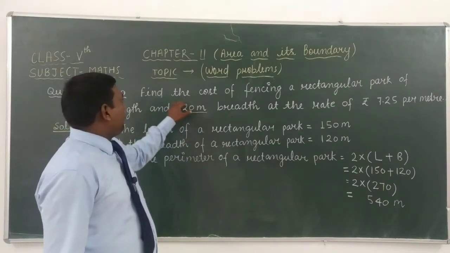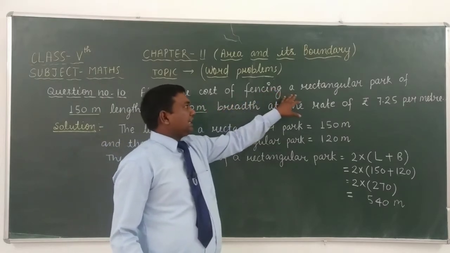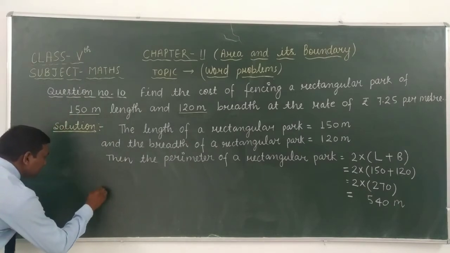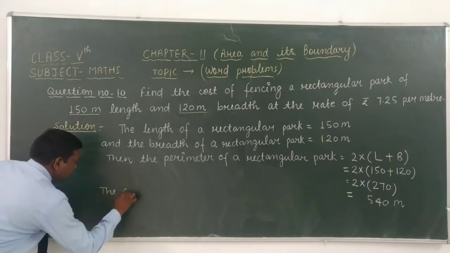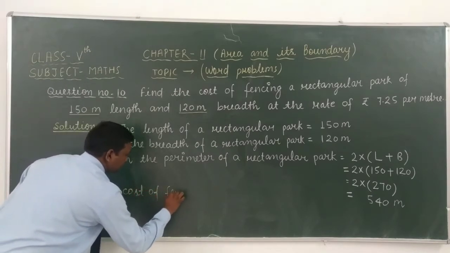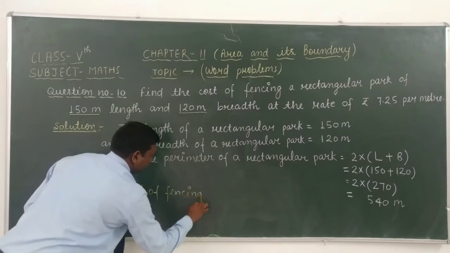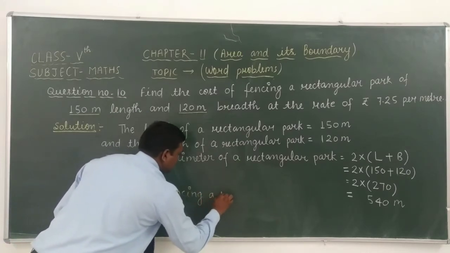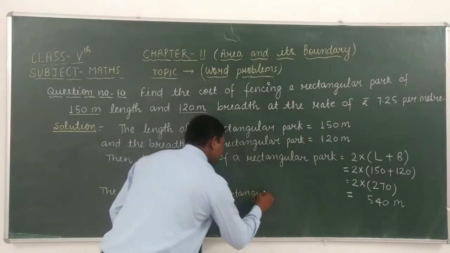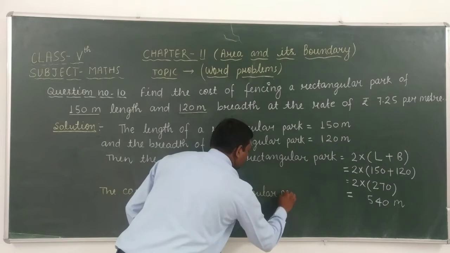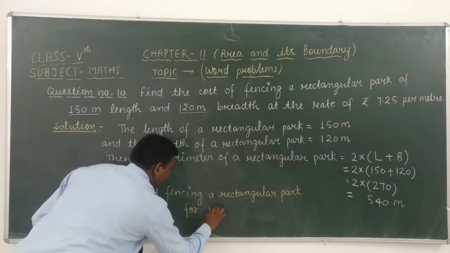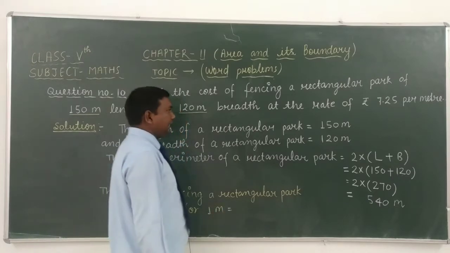Look here carefully. In this question, we find the cost of fencing of a rectangular park. The cost of fencing a rectangular park for 1 meter is equal to how many?